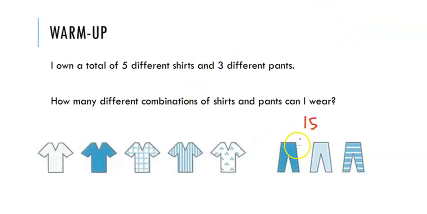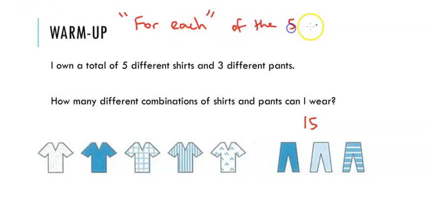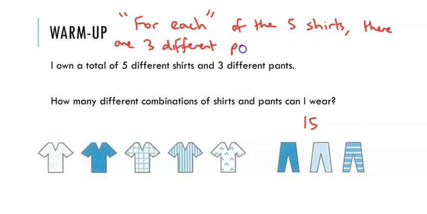And in order to explain why, I'm going to introduce you to very, very important words in this topic. For each. For each of the 5 shirts, there are 3 different pants I can wear.